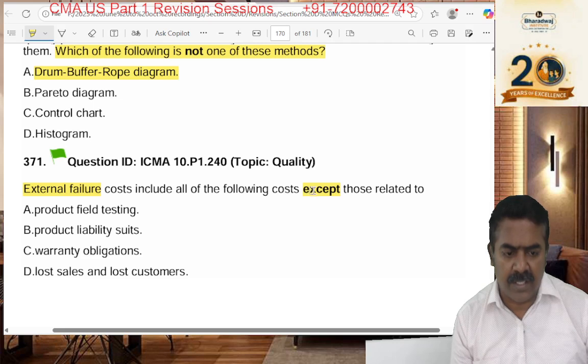External failure cost exception, which is not an external failure. It's an external failure cost. It is also an external failure cost. This is also an external failure cost. Product testing, product field testing is appraisal cost. It is not a failure cost. It is an appraisal cost.